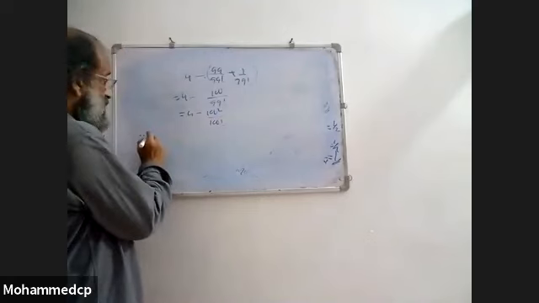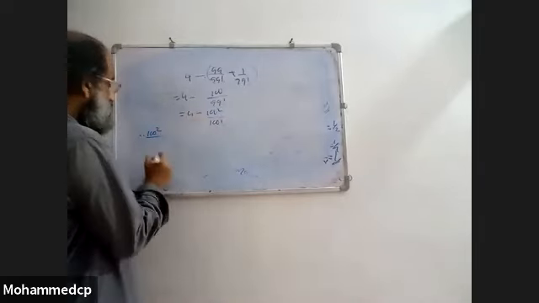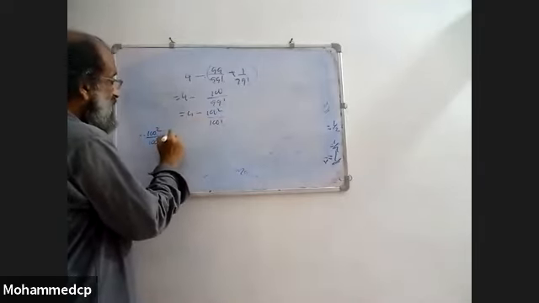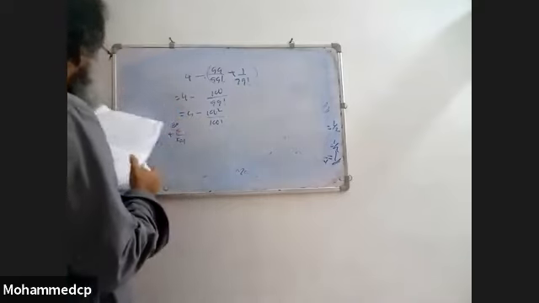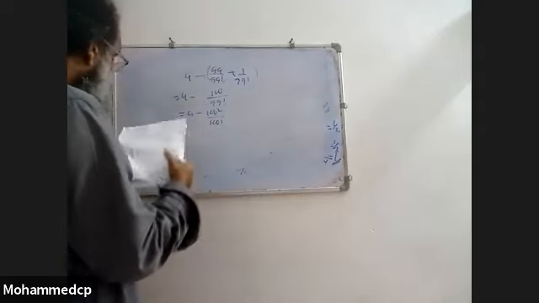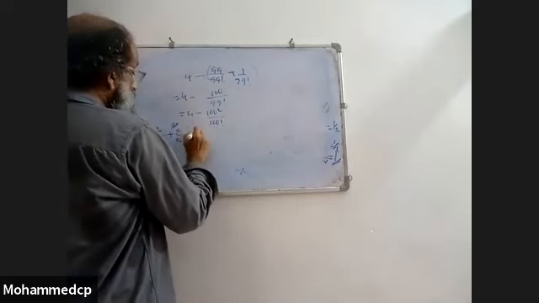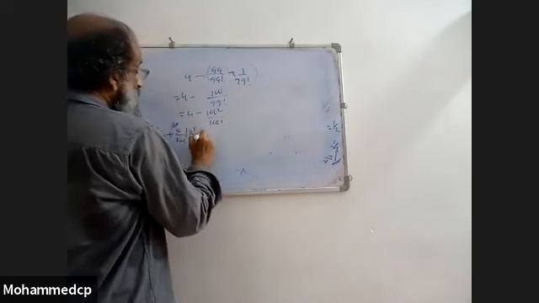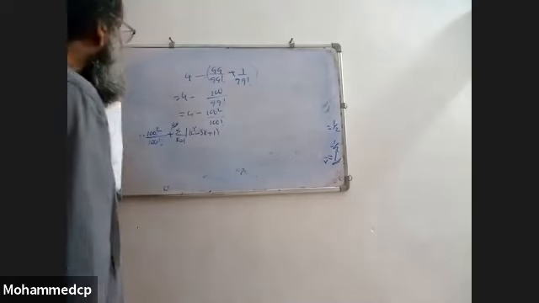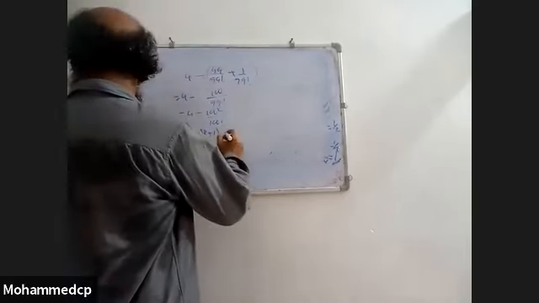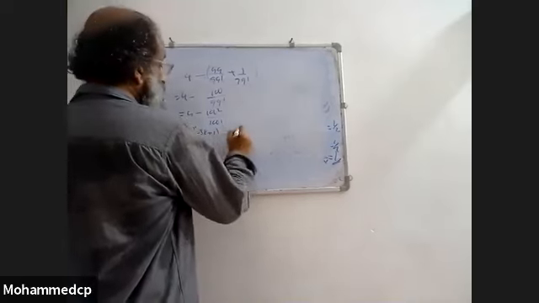Therefore, 100 square by 100 factorial plus sigma k goes from 1 to 100 mod k square minus 3k plus 1 equals 4, another formula.